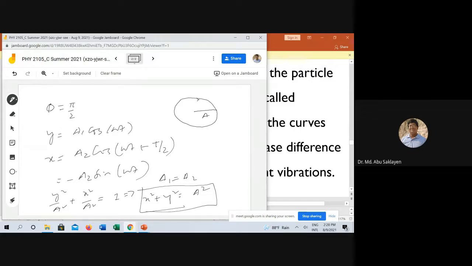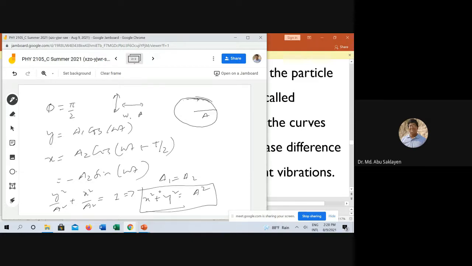Can you imagine when a particle is oscillating simple harmonically like this, and another is oscillating like this? If the frequency, that means omega, of both are the same, that means this angular frequency and this angular frequency are the same, then you will find the particle oscillating like this.